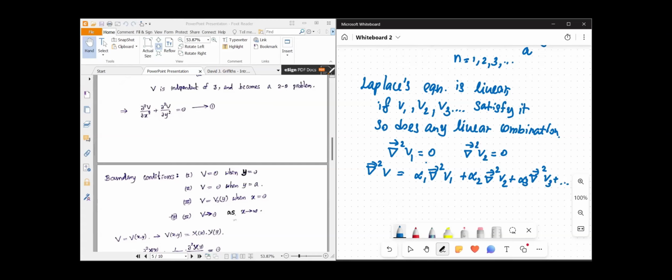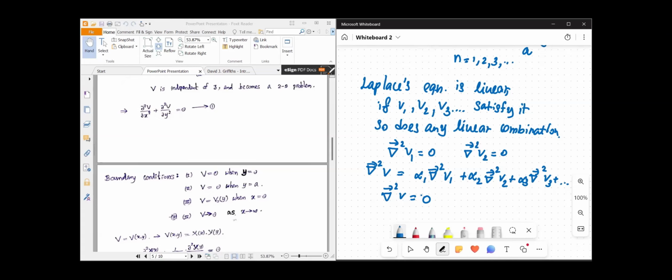So this is a linear combination of potentials which satisfy the Laplace equation. Then this linear combination should also satisfy the Laplace equation. So here del squared V is going to be 0.